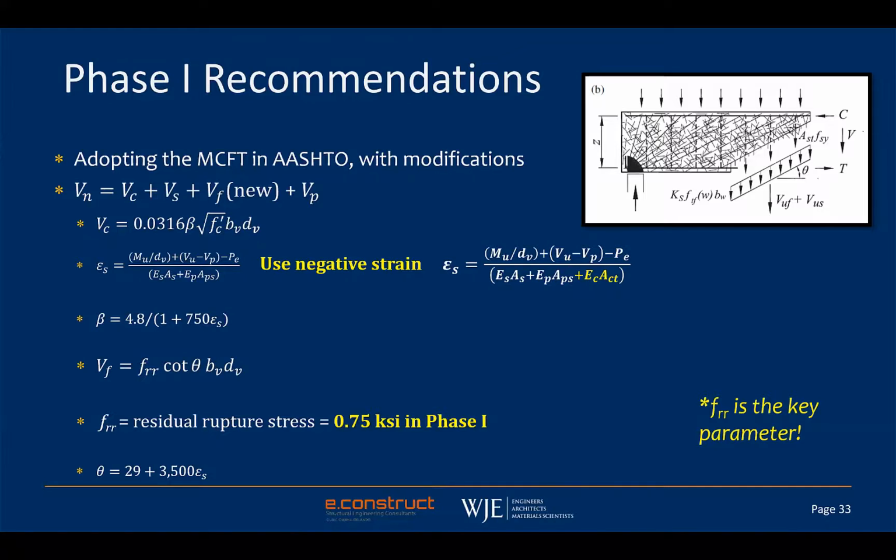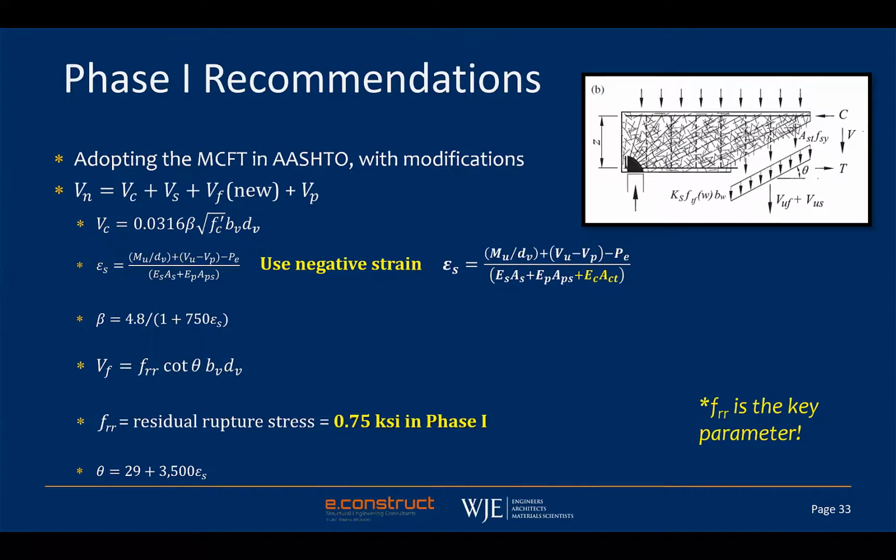And the V sub F has to do with the stress that comes from the properties of the material. Again, PCI, UHPC material. The cotangent theta that comes from the equations, and dV. And our testing, as I will show you later, shows it's extremely conservative to use 0.75 KSI.